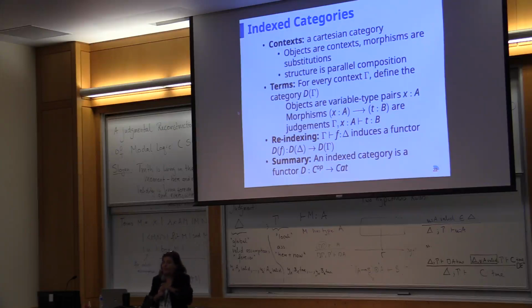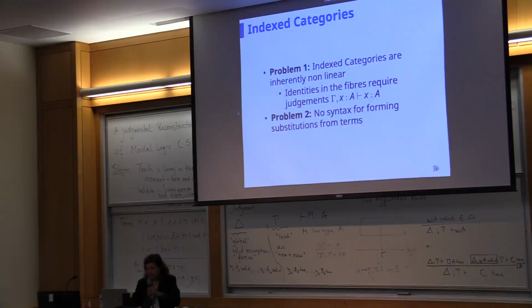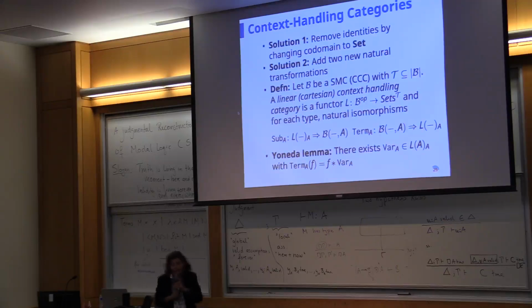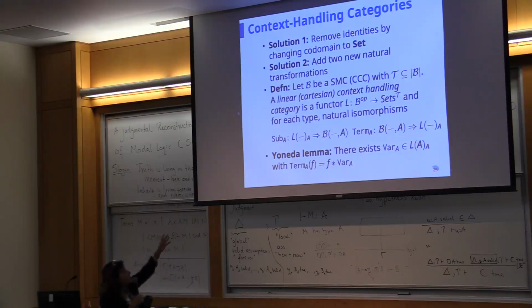Don't force the existence of the identities. And then you have to do something more complicated. I mean, simply removing structure won't do us too much, right? So we have to do this business of creating natural transformations that will explain how the substitution works.